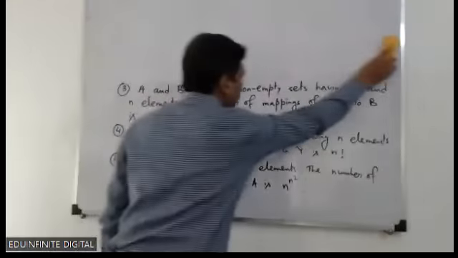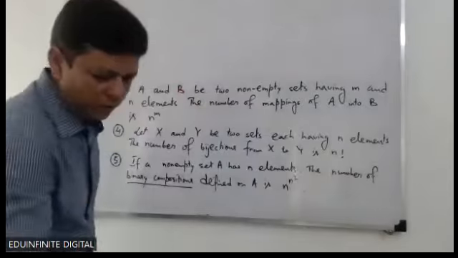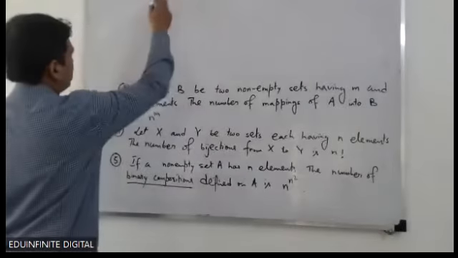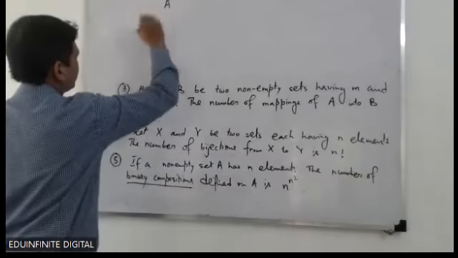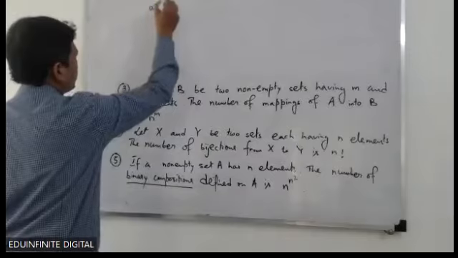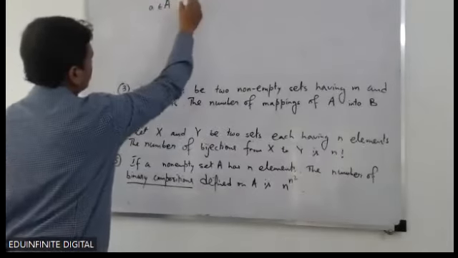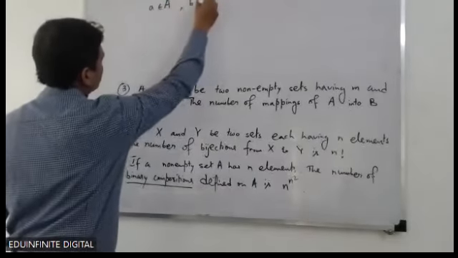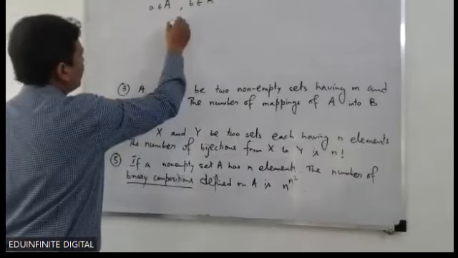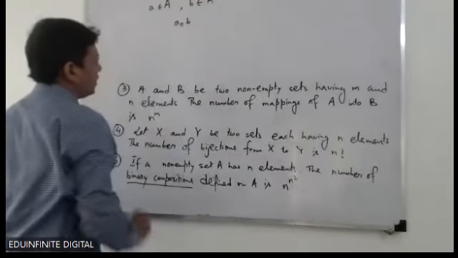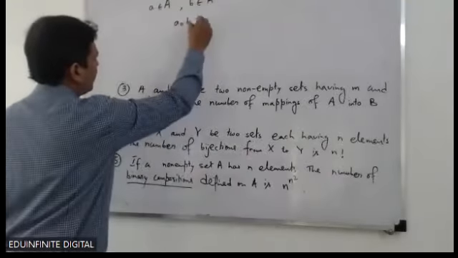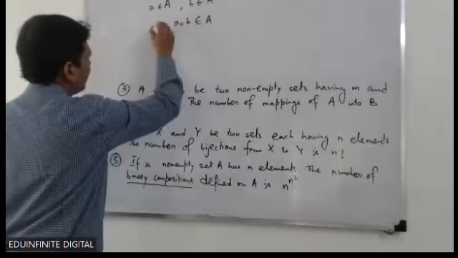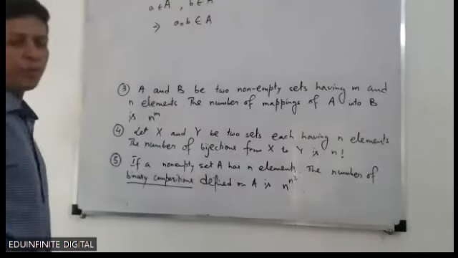Second one. Suppose A is a set, and small a belongs to A and also b belongs to A, two elements. Then if a circle b belongs to A, this composition is called binary.